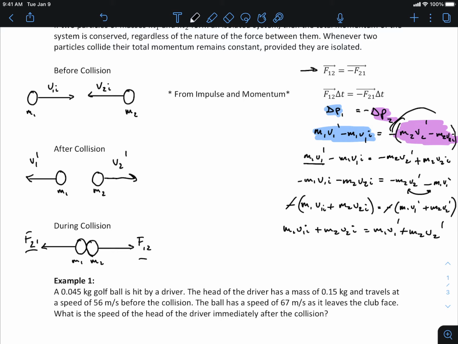So momentum initial, before the collision, you're taking into consideration all the momentum in the system, and this is before the collision. And then we have all of the momentum after the collision.